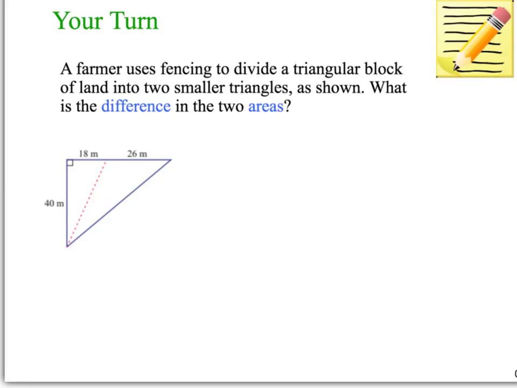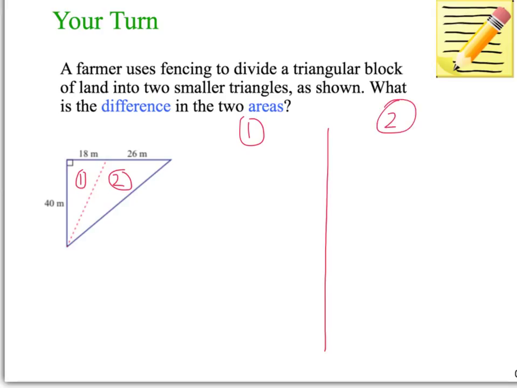You should have figured out that you need to actually find the area of each of the triangles and then take them away from each other to find the difference. So difference means subtract. So therefore you needed to subtract one area from the other to find the difference between the two areas. So I'll draw a line down the center here so I can do area 1. So number 1, and I'll do number 2 here.